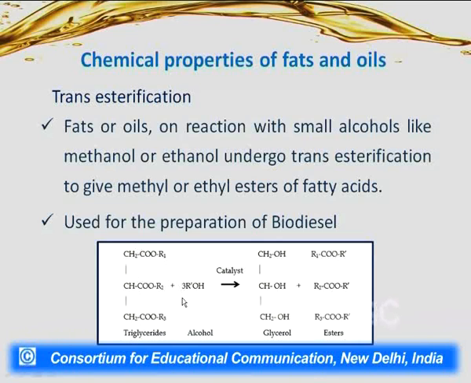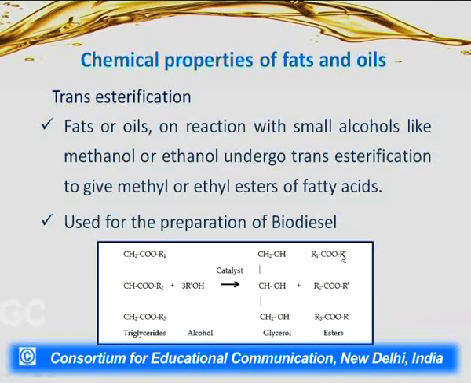So, when they are heated in presence of sulfuric acid or certain metal catalysts, the exchange of the alcohol part occurs, meaning this glycerol gets separated, and these alcohols form esters with these acids, and we get, say, from here R1COO R dash, R2COO R dash.